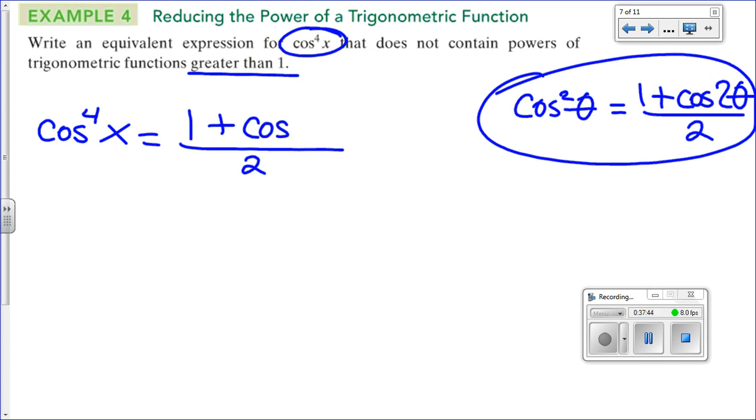It's going to be 4x, or 2 times 2 theta. Not theta, x, I'm sorry. Or simply just 4x.